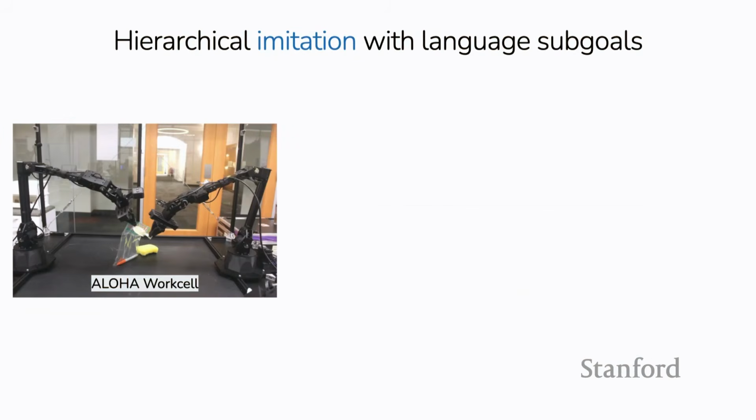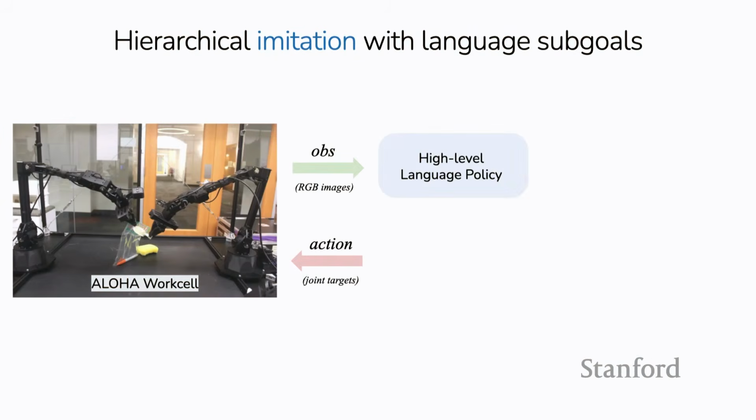So what this looks like is taking an image observation, an RGB image, and passing it into a high-level policy that's trained to predict the language label. And then you'll have a low-level policy that takes the language in addition to the observations. In this case, the work chooses to use not just RGB images, but also joint angles as input to the low-level policy.